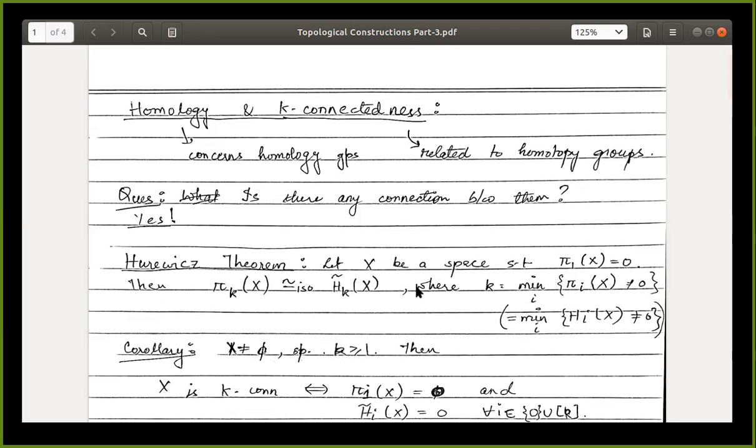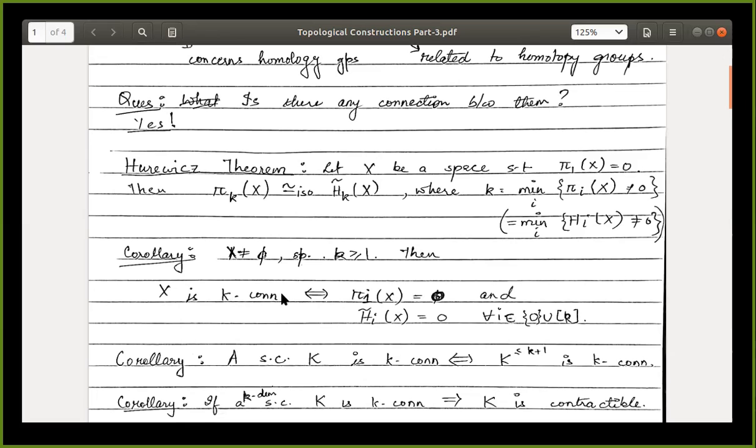Using this, we see that X is k-connected if and only if pi_1 is 0, which means it is simply connected, and H̃_i is 0 for all i up to this number k, right from 0. H̃_i being 0 for i equal to 0 tells you that it is path connected, because we are working with reduced homology groups, and furthermore all the other homology groups are 0 up till dimension k.